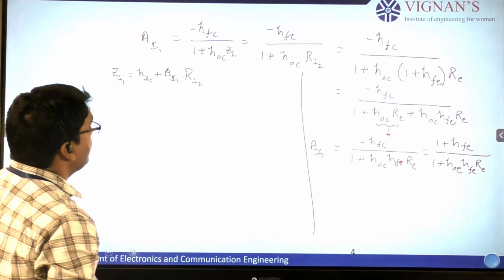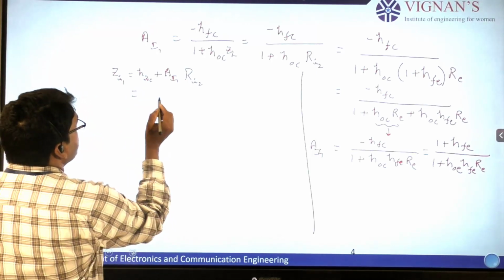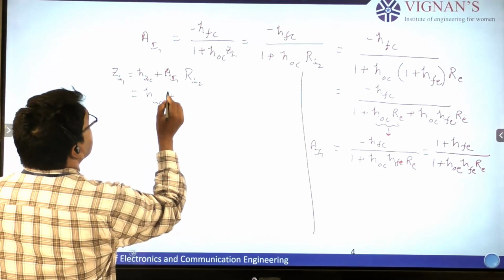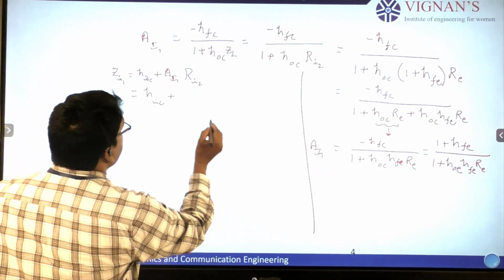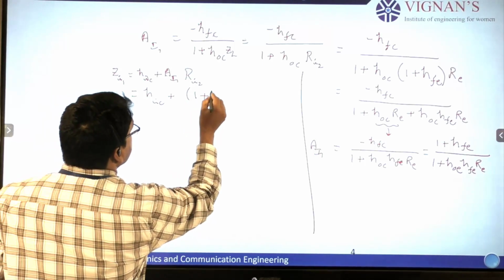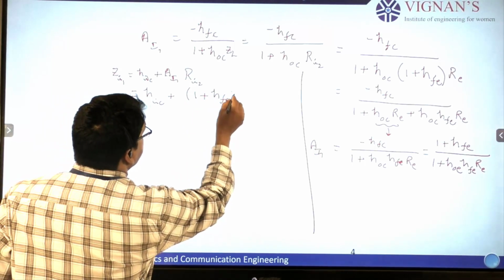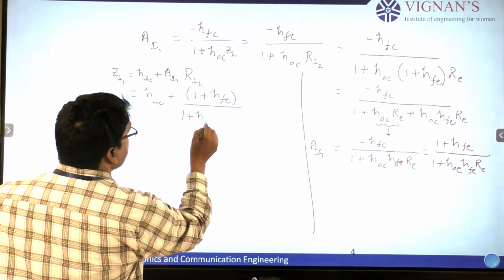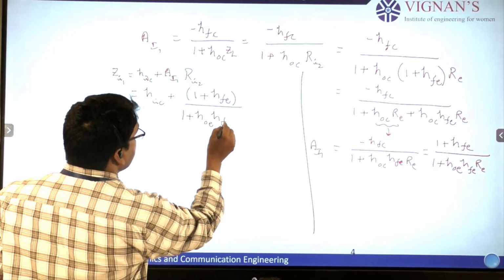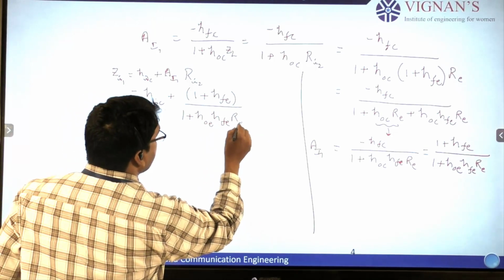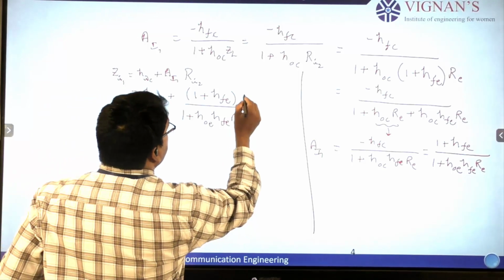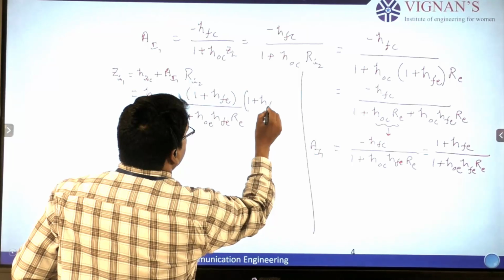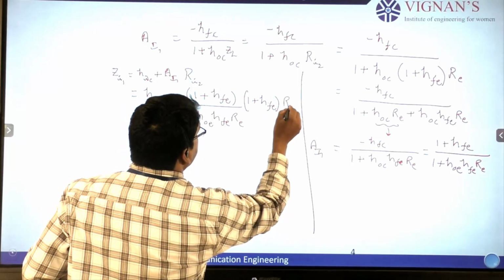So Zi1 equals hic plus AI1, which we already obtained as 1 plus hfe divided by 1 plus h0e hfe Re, multiplied with Ri2, which equals 1 plus hfe of Re.